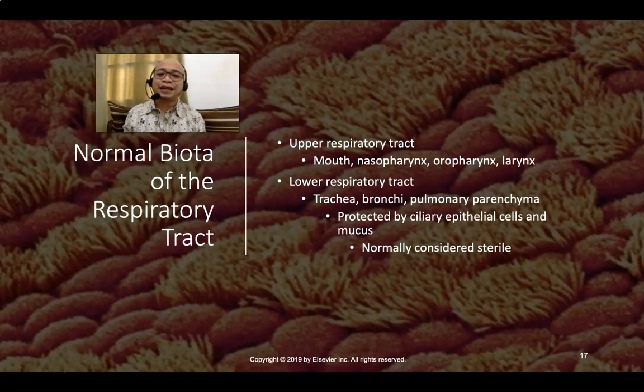So they are being protected by ciliary epithelial cells and mucus. And this area of the lower respiratory tract is supposed to be considered as sterile. Particularly in the trachea, that one is being lined by the pseudostratified ciliated columnar epithelium.